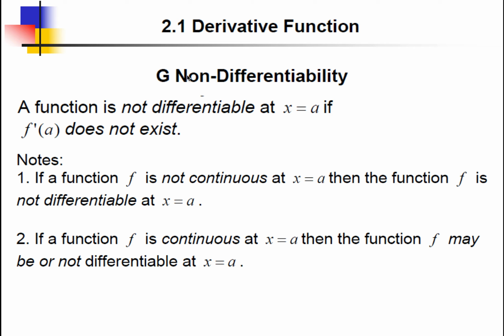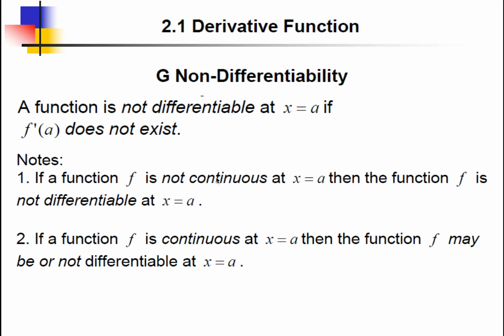Now, finally, this is non-differentiability. Again, we would say a function is non-differentiable if the limit does not exist. Remember, sometimes the limit does not exist, so we say that the function is not differentiable. Those are two important notes. If a function f is not continuous at x equals a, then the function is not differentiable. So if it's not continuous, there is a gap, there is a jump, there is a break.